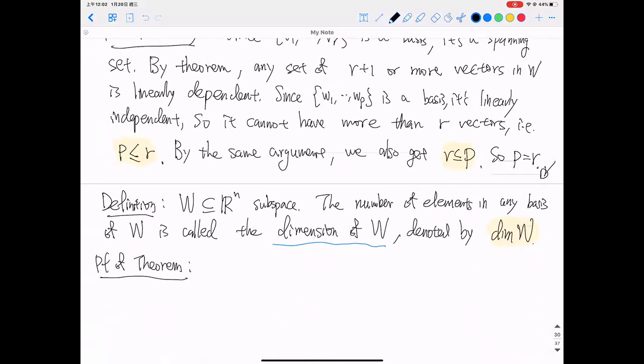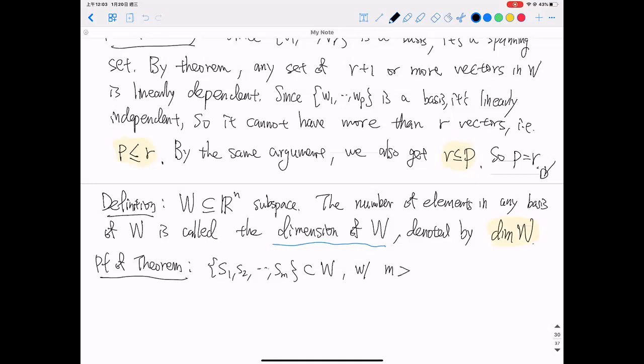For this, we just proceed as follows. Let's say we have a set S1, S2, through Sm, a subset of W, consisting of M elements.